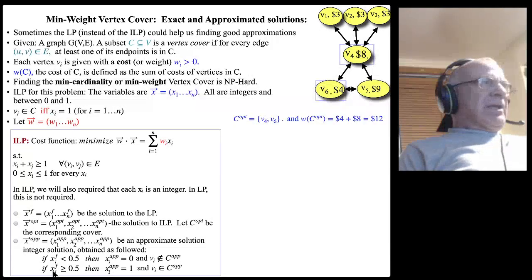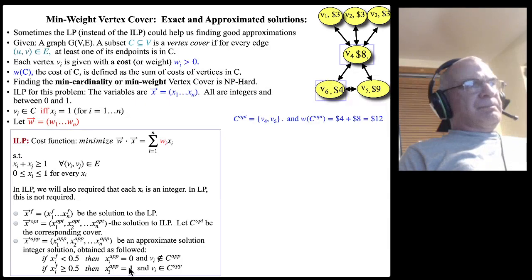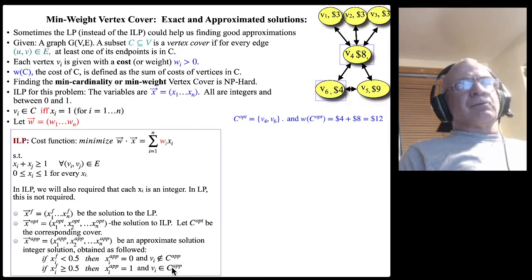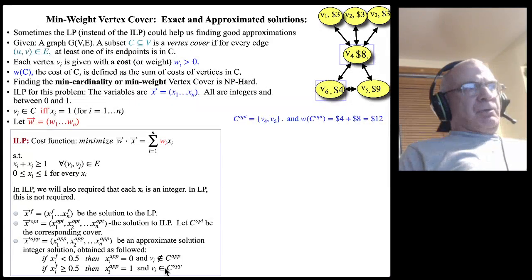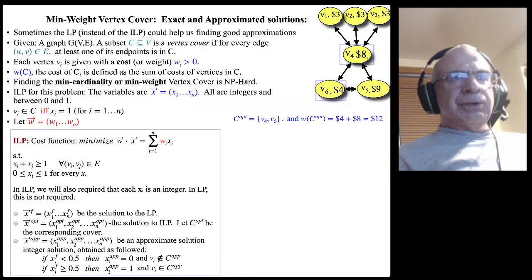However, if xif is larger or equal than half, then xi approximate is rounded up, rounded to be 1, and in this case vi will be in the approximated solution.